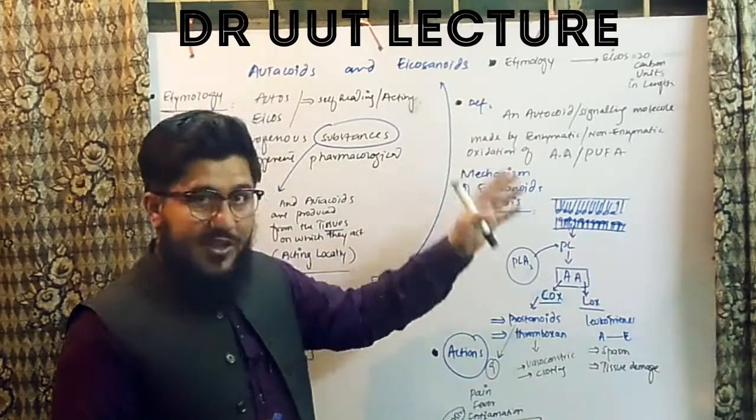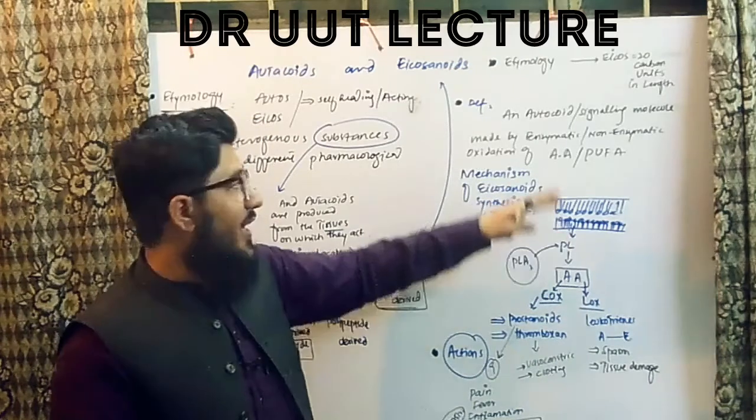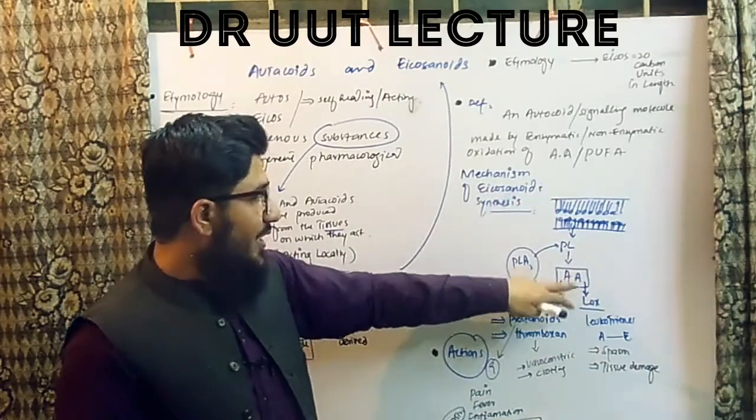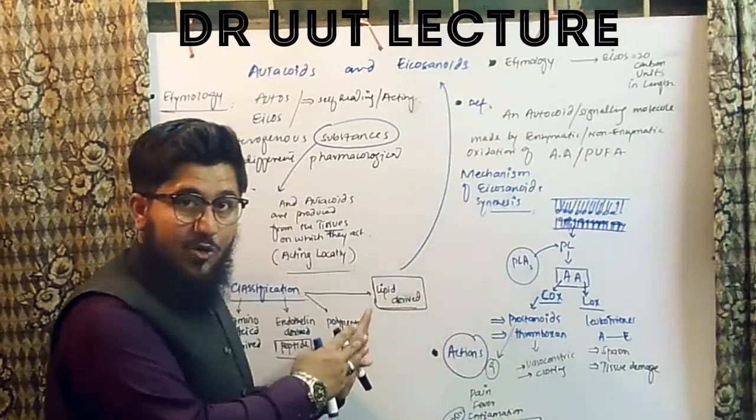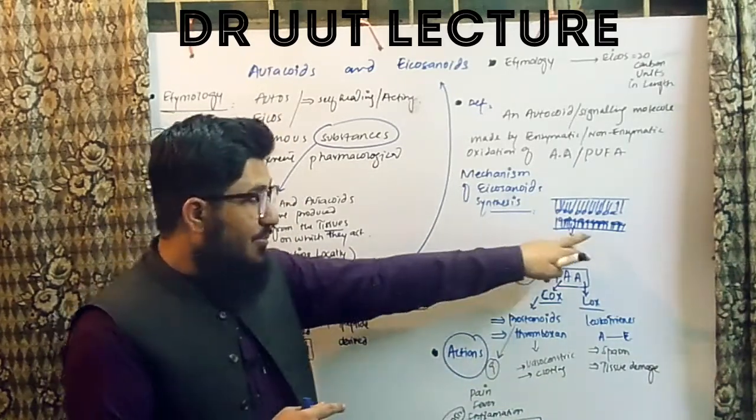Since they are produced by the oxidation of arachidonic acid, which we got from the lipid bilayer, we call these eicosanoids lipid derived, because they are made from the lipid.